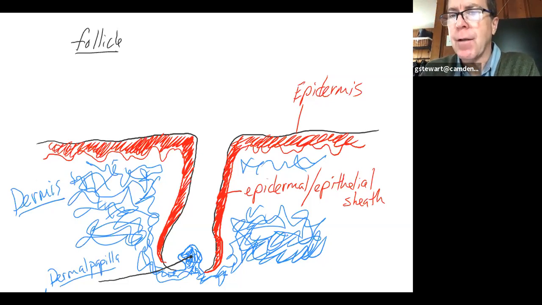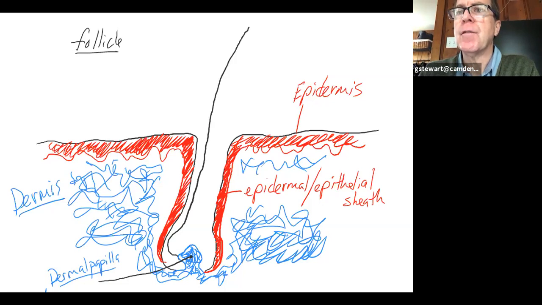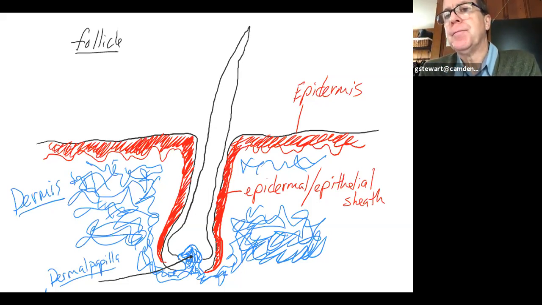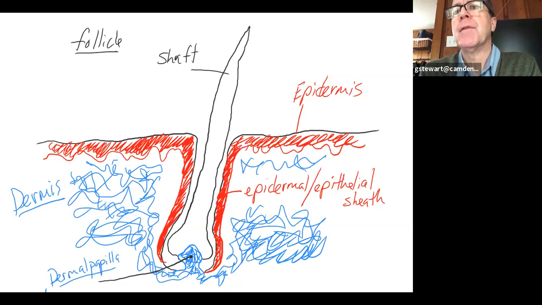Now the hair itself grows around from the base of the follicle. So what I'm drawing is a hair that protrudes up out of the surface of the skin. So we see the shaft part of the hair protrudes up above the skin.